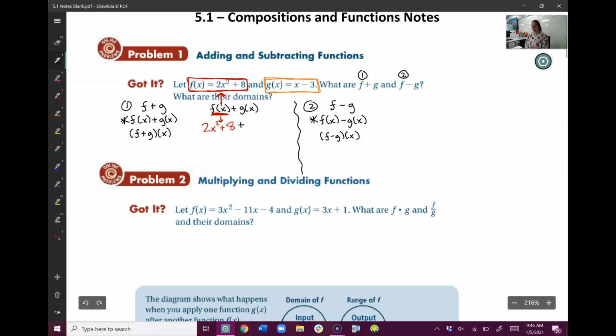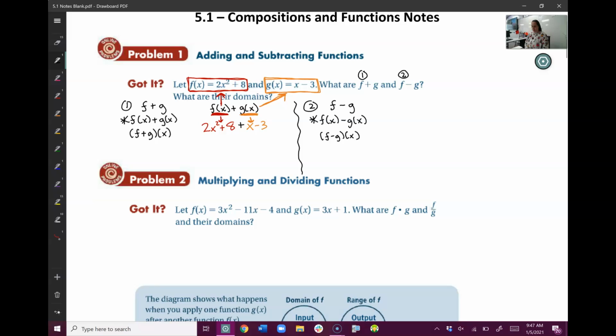Then I'm adding, and then I want to put g of x in. So same thing. I'm just going to substitute what g of x is. So g of x equals x minus 3. So instead of writing g of x, I'm going to write x minus 3. Just substitute it right in. And now I can add them, which is basically just combining like terms.